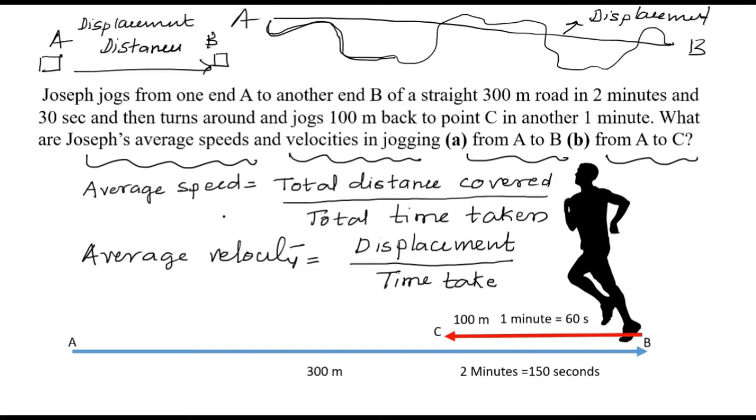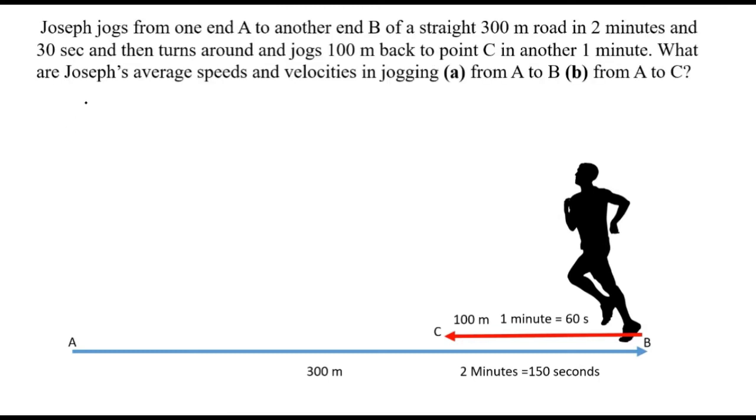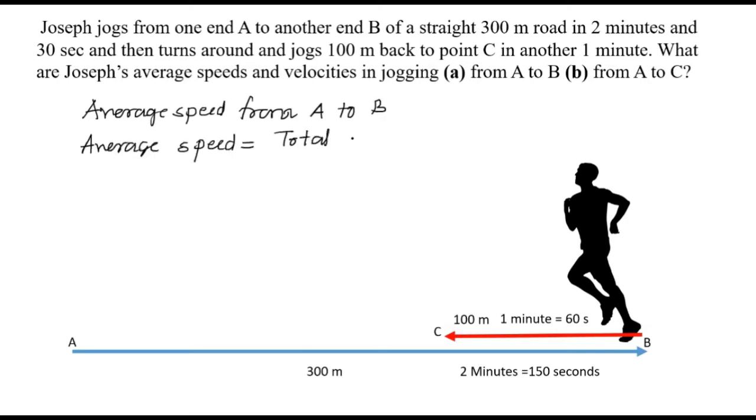With this information, now we shall start finding average speeds and velocities first from A to B and then from A to C. So here we go, average speed from A to B. Average speed is equal to, as I said, total distance divided by total time.